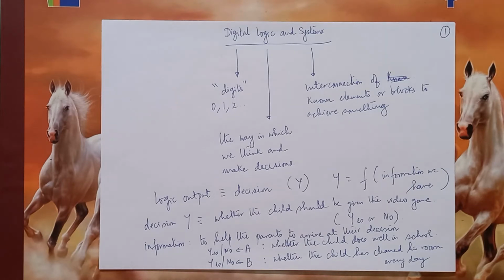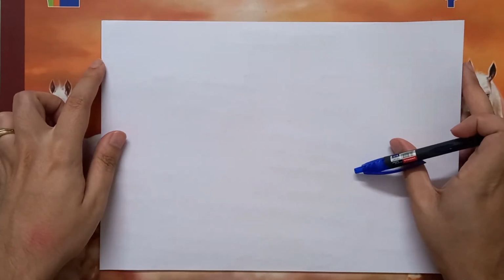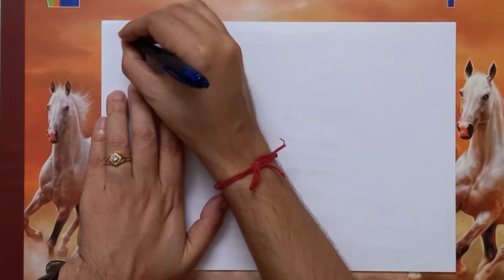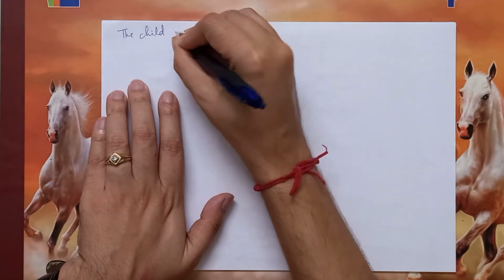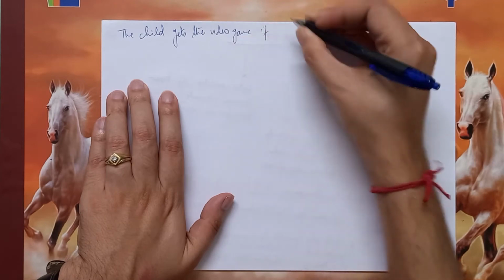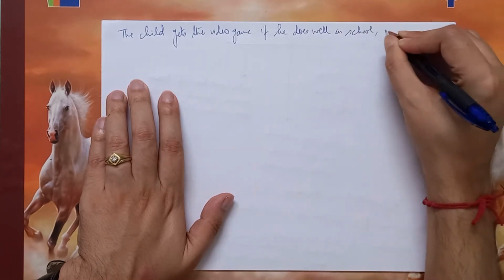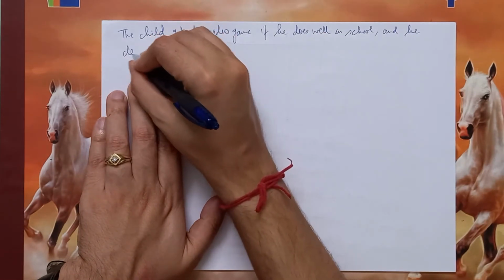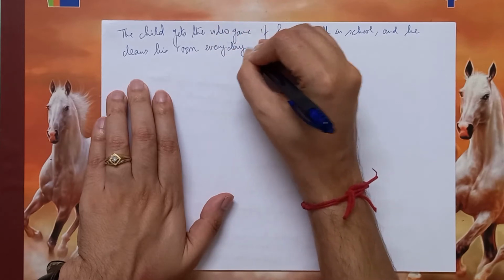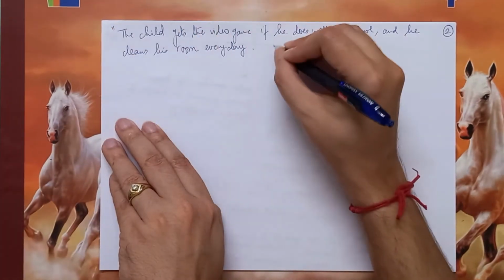These are the things with which we can proceed. So therefore, let us now denote the parent's logic in the form of a sentence. So this is what the parents say.